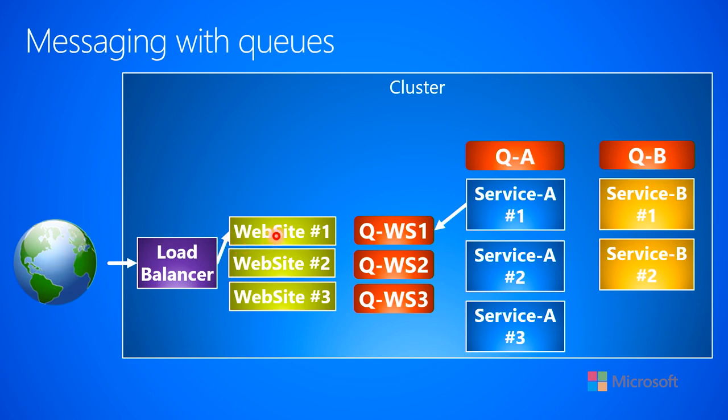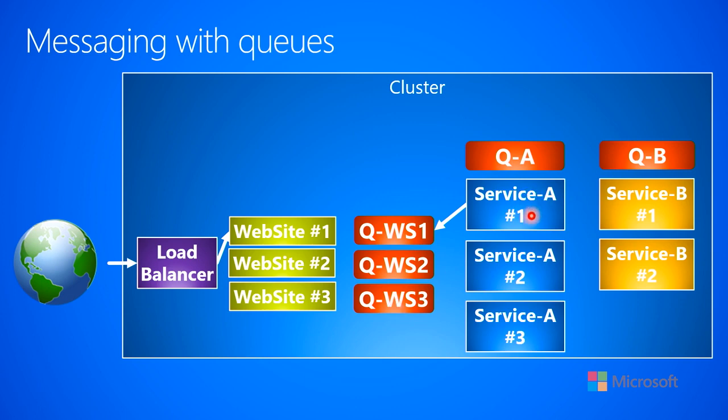So the way that I'm effectively turning these queuing of messages back into a specific instance that's going to get the response is I created a queue for each website instance. Whereas here I had a queue for all instances of A and one queue for all instances of B. Here I have a separate queue for each of the individual websites.